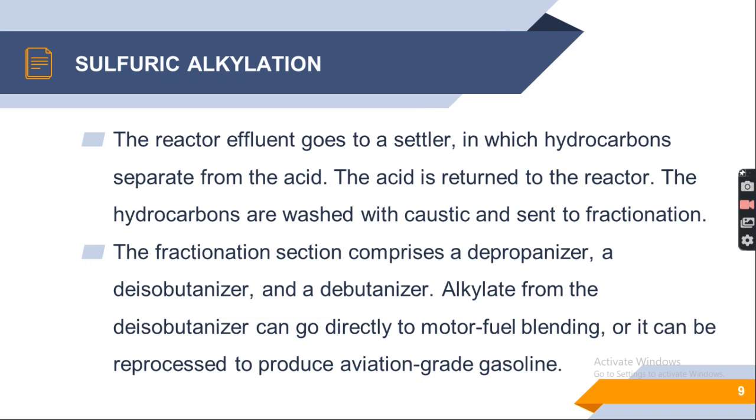The fractionation section comprises a depropanizer, a deisobutanizer, and a debutanizer. The alkylate from the deisobutanizer can go directly to motor fuel blending, or it can be reprocessed to produce aviation grade gasoline. The fractionation section is used for the separation of the hydrocarbons into the various components.